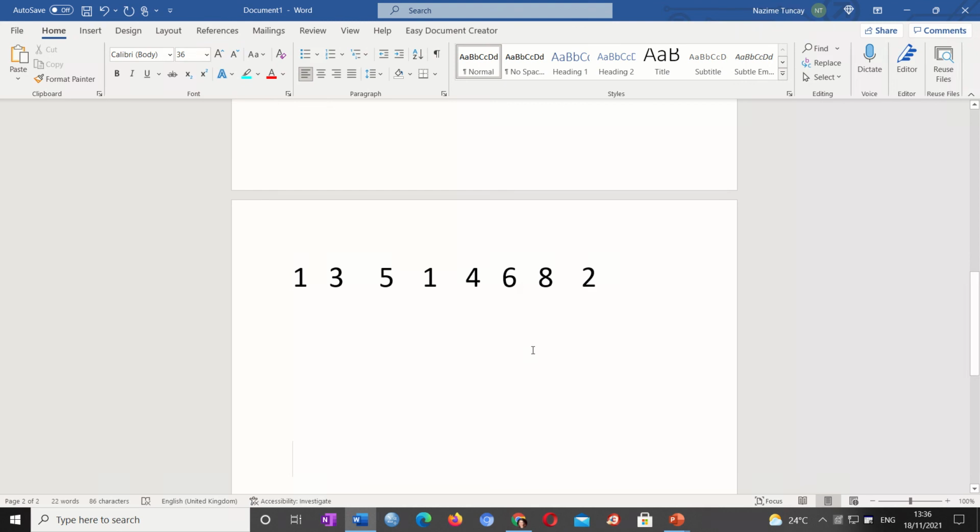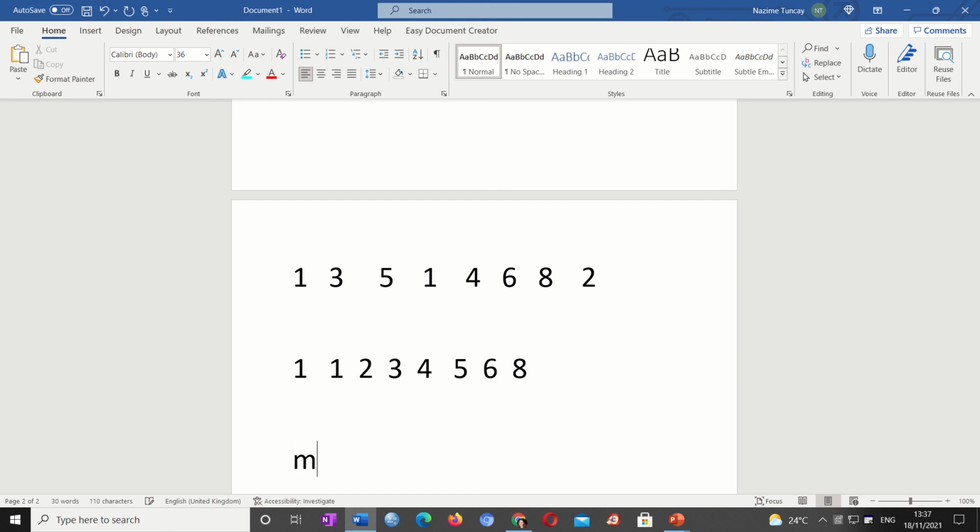I'm going to order these numbers first. I don't need to order them for mean, but that's a good habit when you have numbers. So 2, 4, 6, 8. Now here I have 8 numbers.